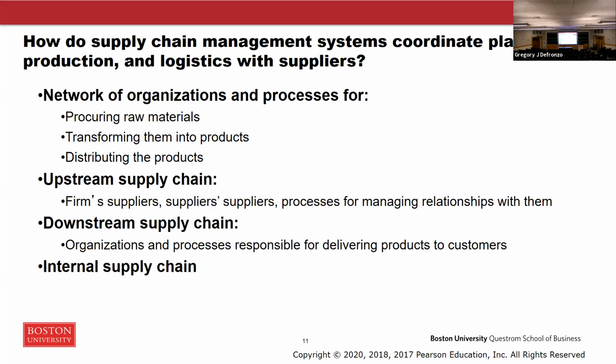And then downstream, it's whatever it takes to get the product to your customers. So in the grocery store example, how many of you have used Instashop? What's it? Instashop? Instacart. Anybody? Nobody? Oh, thank you. So Instacart is in fact a downstream, right?